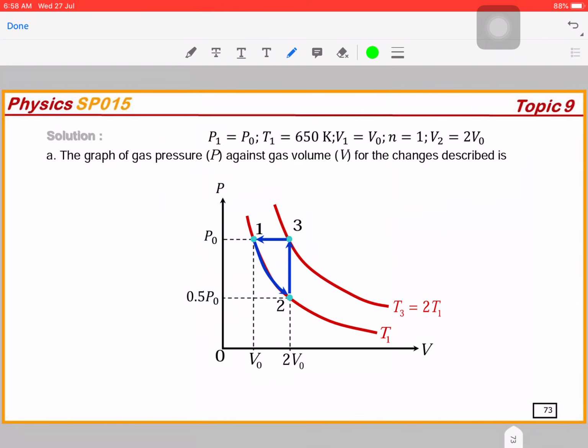Then we see from VO to 2VO, the volume is doubled. Then we go to the isovolumetric process. The pressure changes, from 0.5 PO to PO. And last but not least, it is 3 to 1. 3 to 1 is an isobaric process. Again, there is only a change in volume.